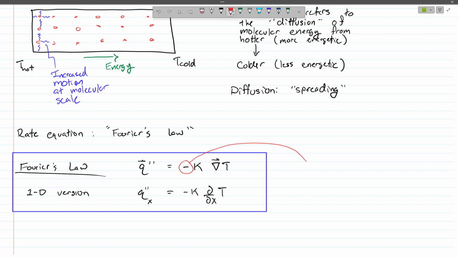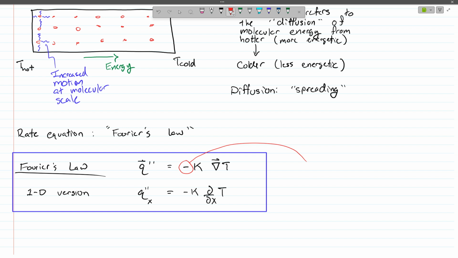This negative sign here, what this means, or the purpose that this negative sign serves, is to ensure that this law, if we have a positive k, our conduction coefficient, obeys the second law of thermo, right? Gradient is going to give you the net rate of change and the direction in which that rate changes. So inside of a medium, the gradient vector will point in the direction that the temperature is increasing.